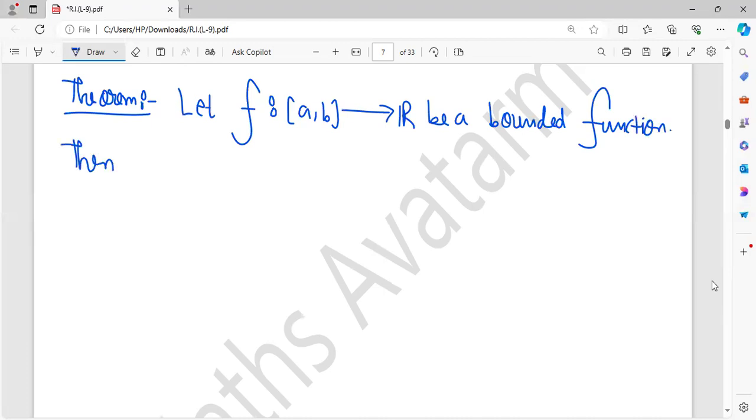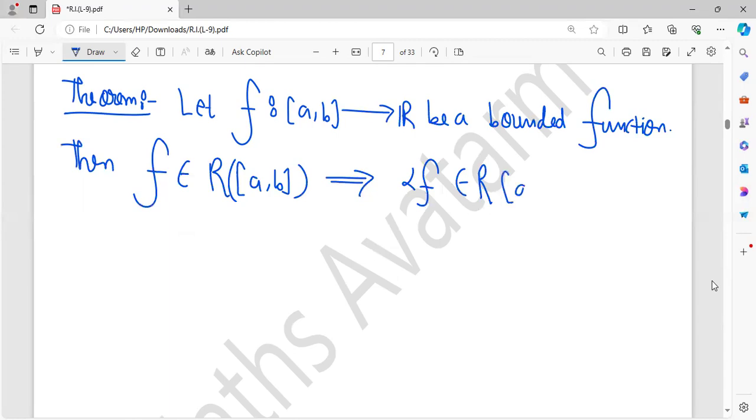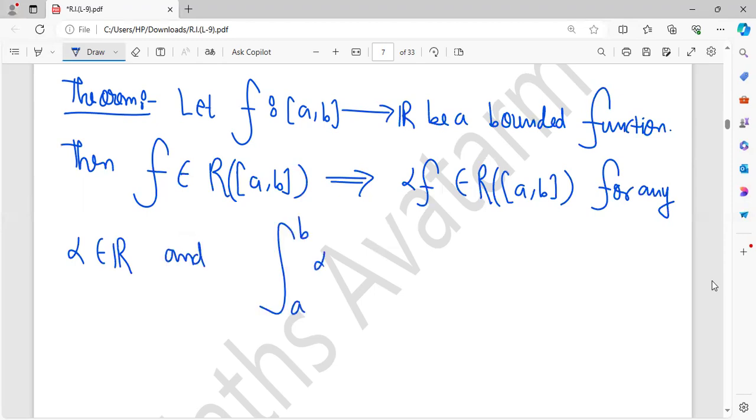Then f belongs to R[a, b] implies alpha f belongs to R[a, b] for any alpha belonging to R. And the Riemann integration of alpha f is equal to alpha times the Riemann integration of f.